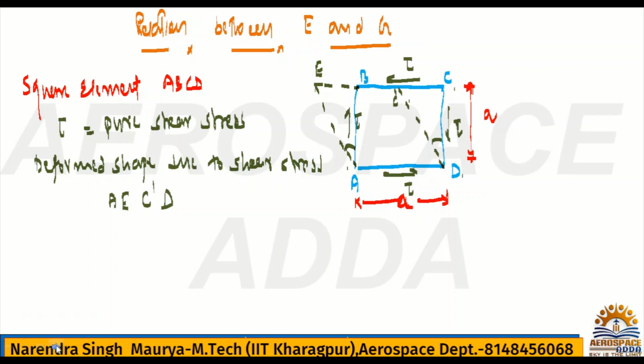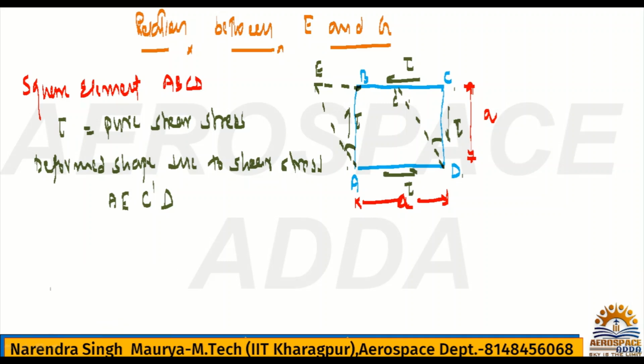Okay. So I just want to drop a perpendicular line on this AE. Once you draw the perpendicular on AE, this is now the perpendicular line. So the perpendicular we have drawn on basically this line, or just parallel to this.